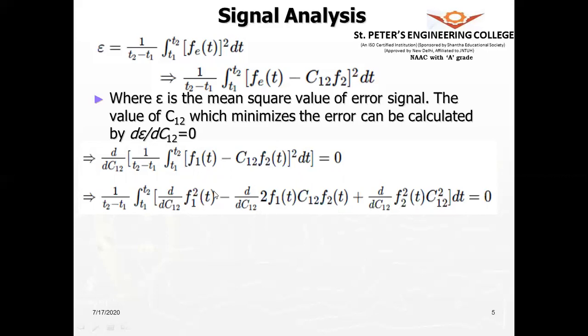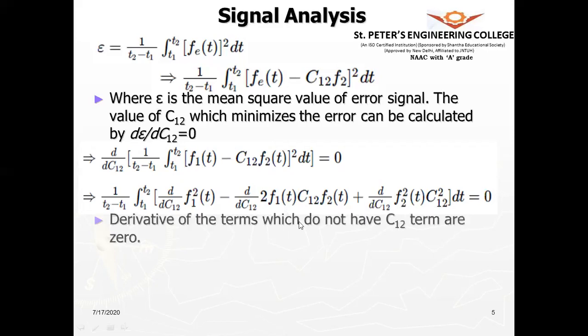Now when you differentiate, wherever c12 is not present, the differentiation of that quantity is 0. So this term will be 0. So differentiation will apply only for this term and this term. And we are equating to 0. So even this mean value, that is 1 by T2 minus T1, will be eliminated.